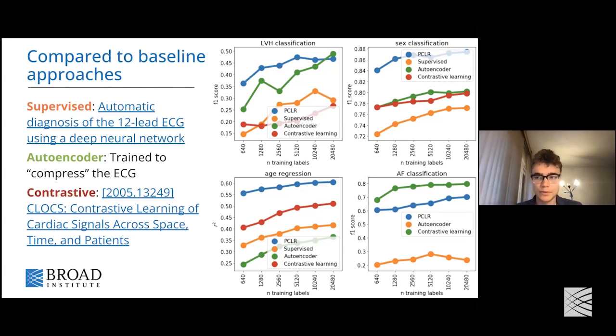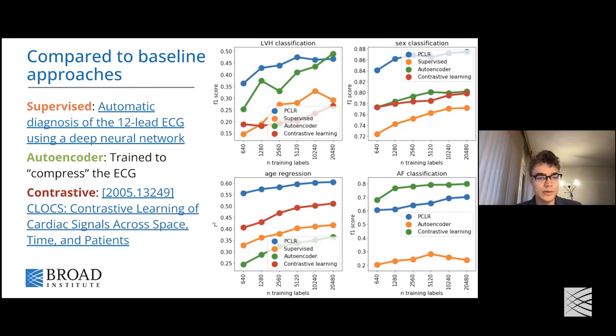We also trained a convolutional autoencoder, which is sort of trained to compress an ECG. And we trained it to really high reconstruction accuracy. But then we took the representation at the bottleneck layer of the autoencoder, the kind of compressed version of the ECG, and trained logistic regressions on that to try to compete with Pickler.